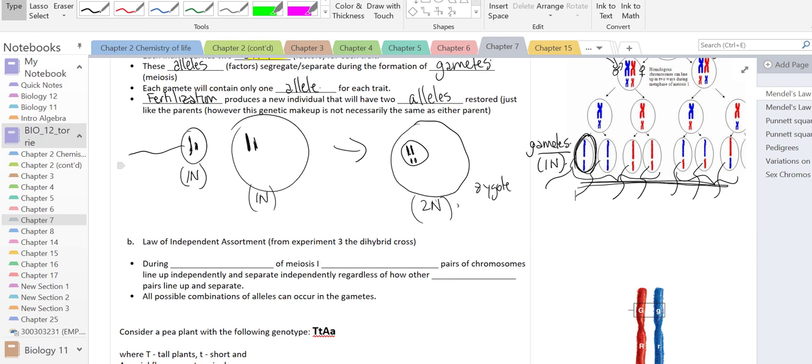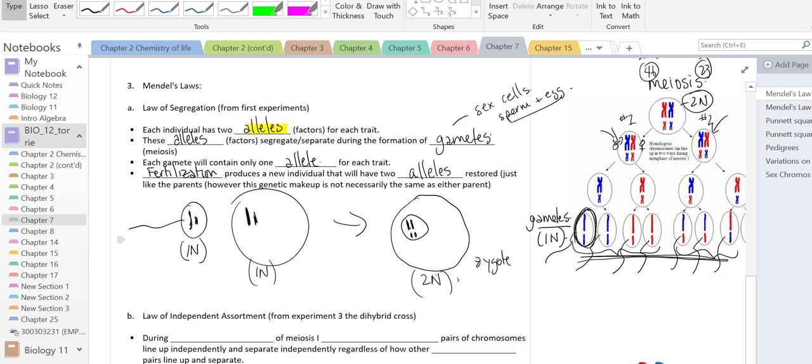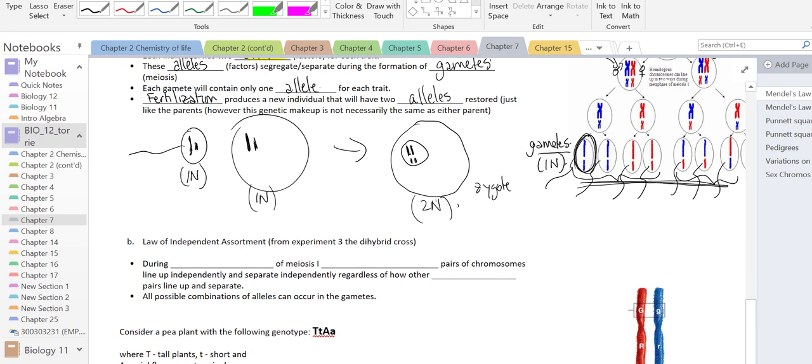And this is the law of independent assortment, which, much like the picture shown above, is that during metaphase of meiosis 1, homologous chromosomes line up independently and separate independently regardless of how other homologous pairs line up. And all possible combinations of alleles can occur in the gametes.